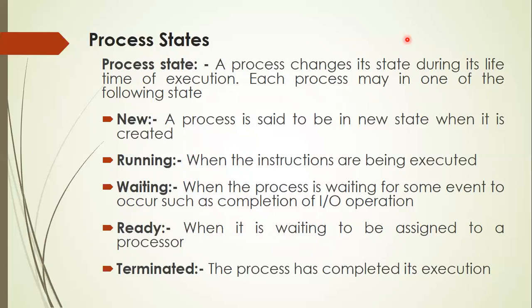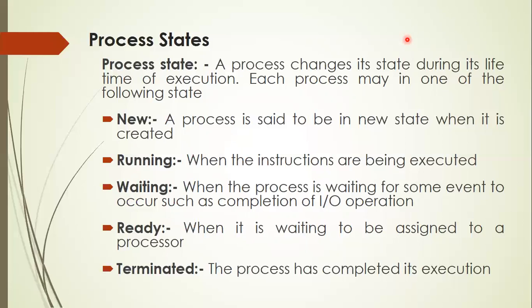But in between, suppose that the process has some input-output operation to do. Without completing that input-output operation, it cannot continue. But we know that for doing input-output operation, the processor is not required. Some input-output devices are necessary. So the CPU stops executing that process, and the process goes to another state called the waiting state.